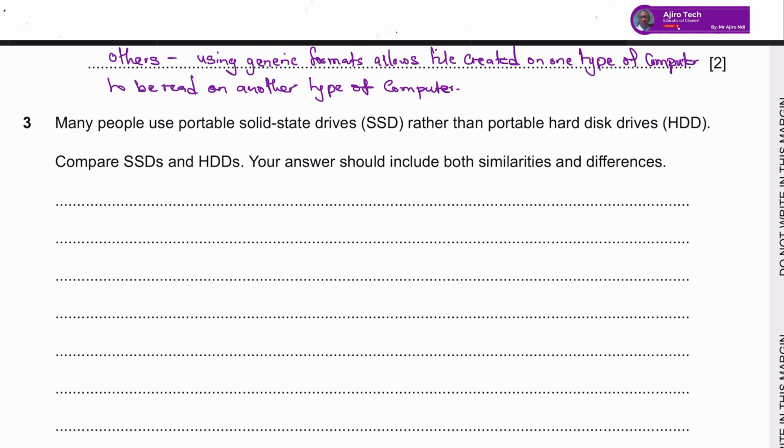So you see this in chapter 3, storage devices and media.